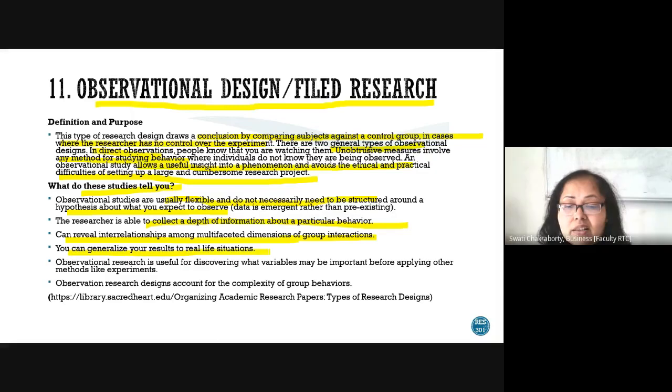We can generalize our results to real life situations. It's useful for discovering what variables may be important before applying other methods like experiments. And it accounts for the complexity of group behaviors. Why do people behave in the way they do?